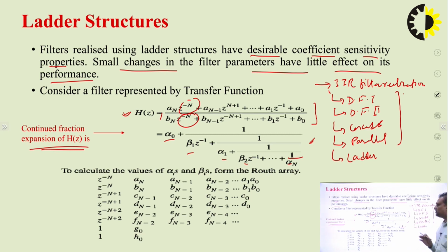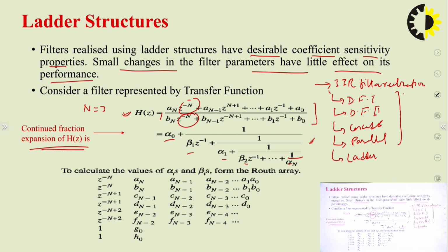This is the generalized transfer function, where we have taken the order as n. But suppose our system is of third order, then the value of n becomes 3, and the equation will be a3 z to the power minus 3 plus a2 z to the power minus 2, and so on, in this specific form.